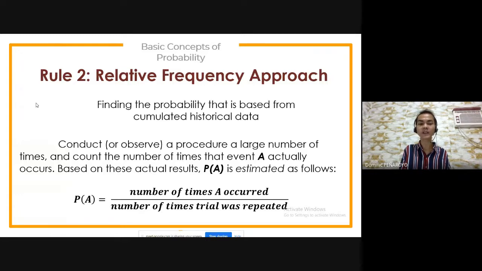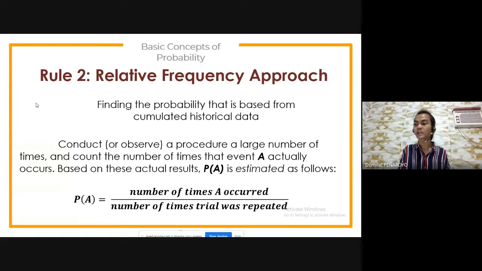Let's have an example of a relative frequency approach. The probability that it will rain today is 80% because it rained for 4 days in the past 5 days.